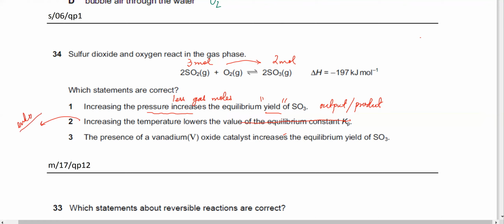So how do you figure out which one is the endothermic reaction? Remember, the enthalpy change is always given for the forward reaction, which is with a minus sign. So that means the forward reaction is exothermic, and the backward reaction is going to be the opposite, endothermic. So the endothermic reaction would be favored if you increase temperature, which in this case is the backward reaction.